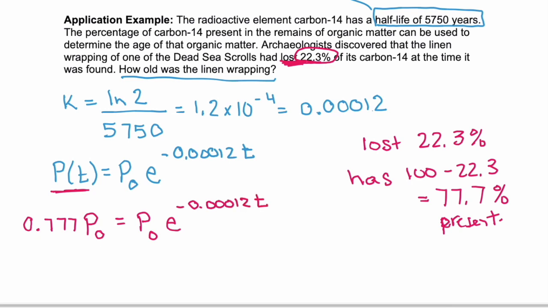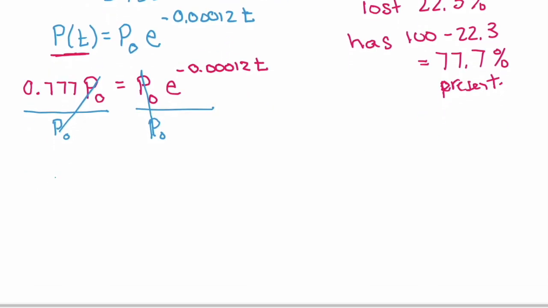Now notice that we have P of 0 on both sides. So we can divide both sides by P subscript 0, and they'll simplify out. Notice what we're left with. On the left, we have 0.777 equals e to the negative 0.00012t.